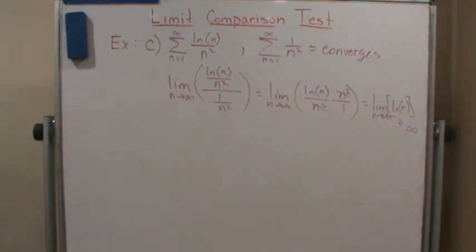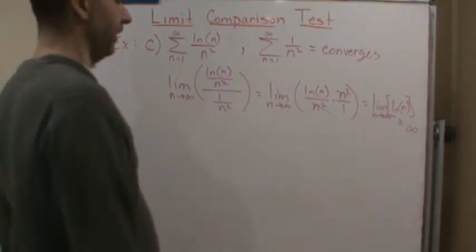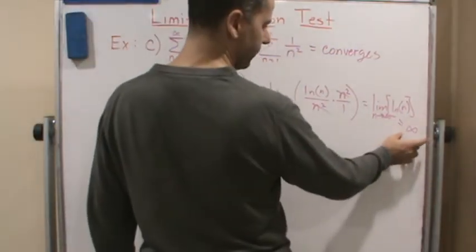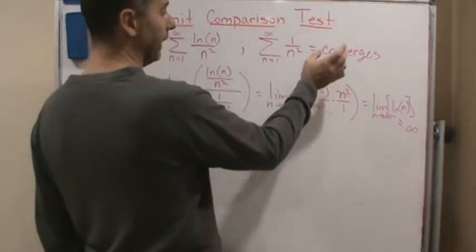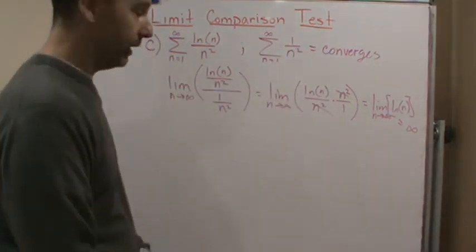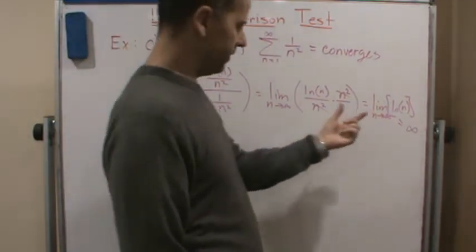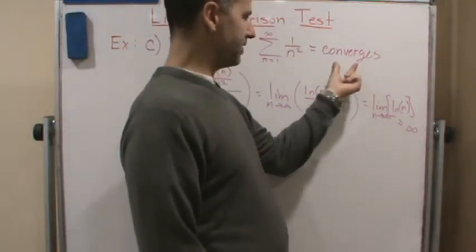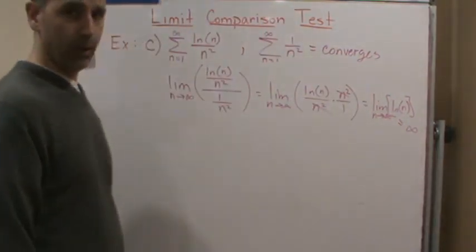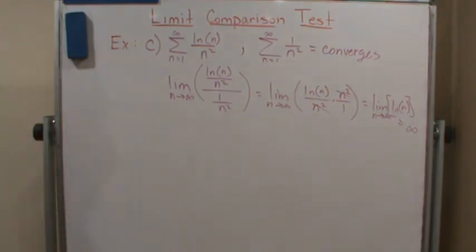Now, in this case, since this is infinity, it would be great if this diverged, because then we could say this one diverges, but this is going to infinity and this converges, so therefore, again, it's inconclusive.